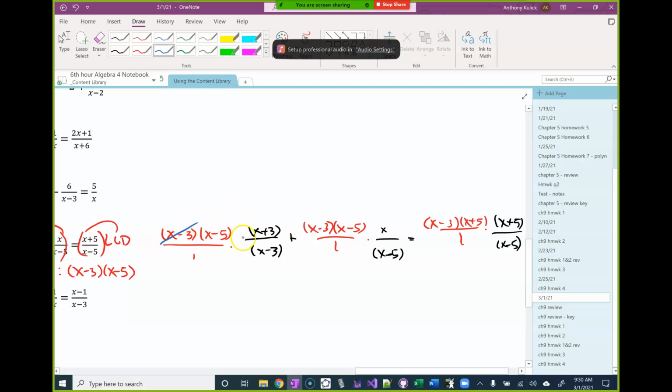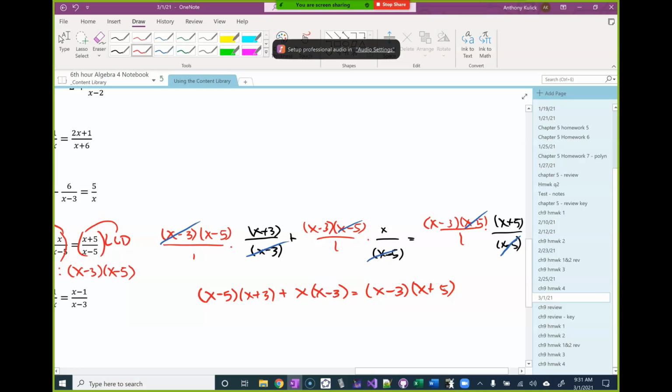And then we'll reduce. That was supposed to be minus 5. Okay, still doing good. So we're going to have 3 plus x times x minus 3, 3 times x plus 5.